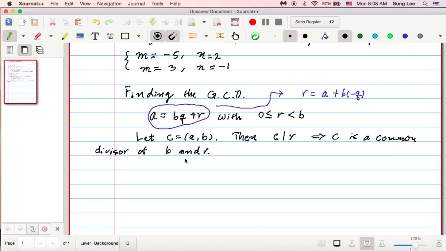Now, I want to claim that this c is actually the greatest common divisor of b and r also. To show that, suppose d divides b and d divides r, so d is another common divisor of b and r.